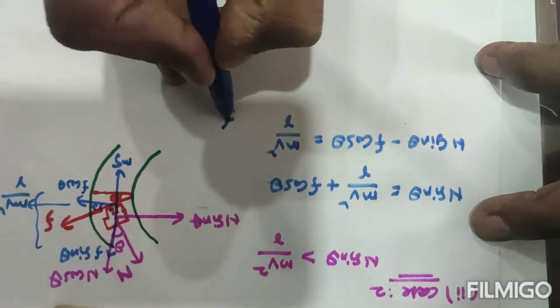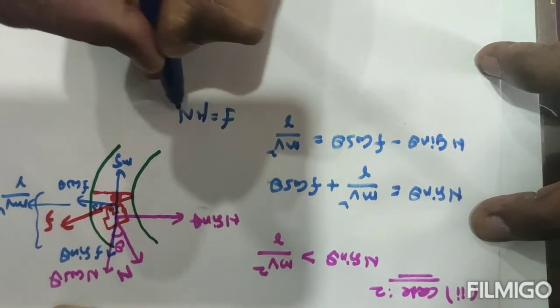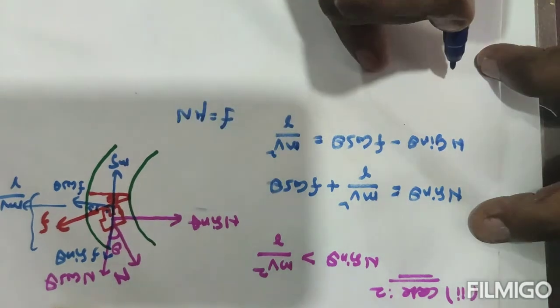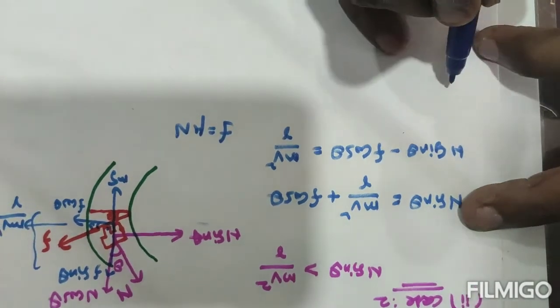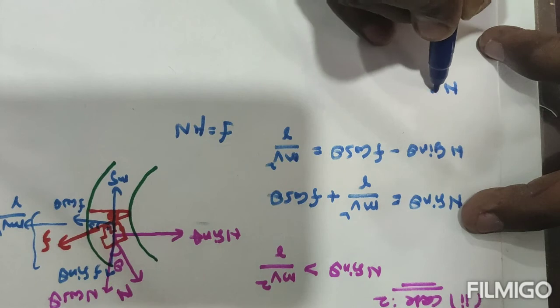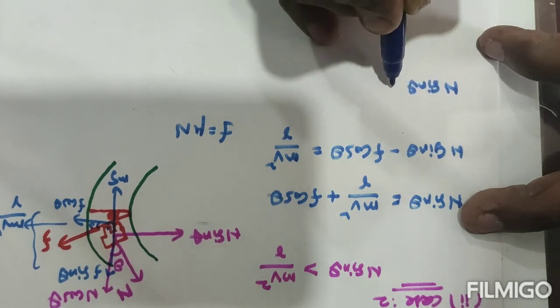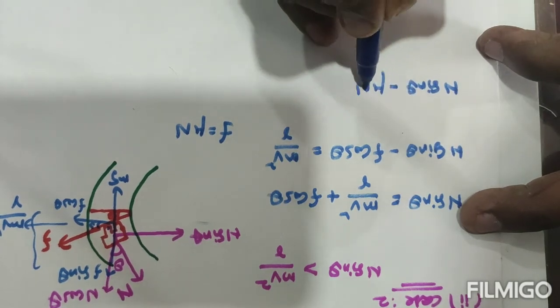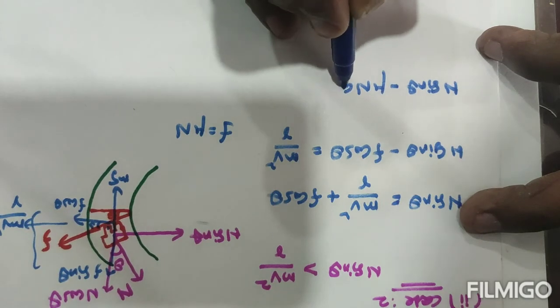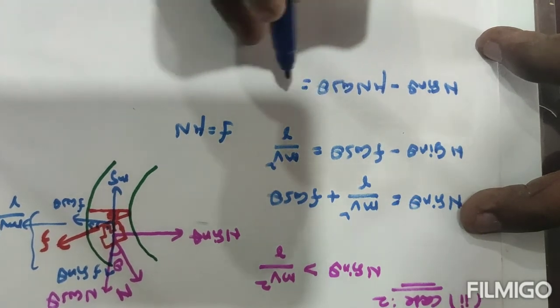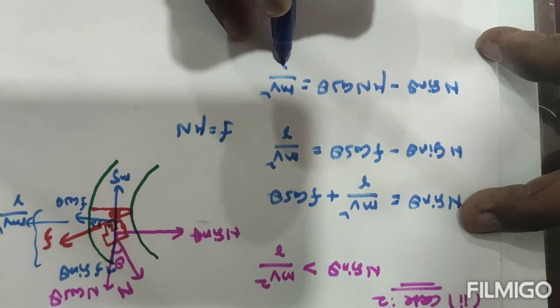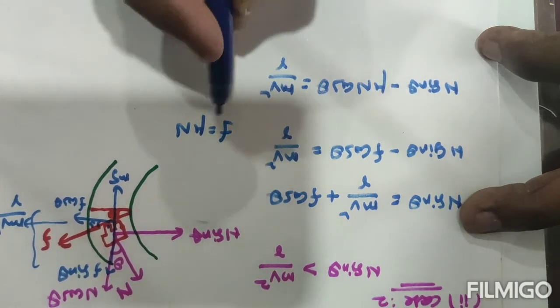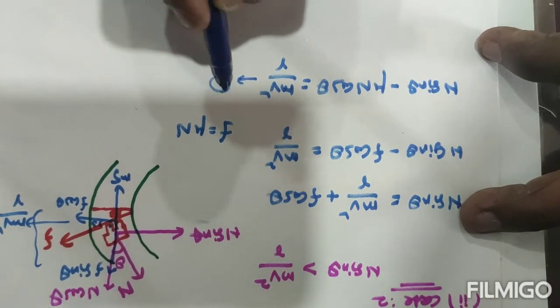So you know already f is equal to mu N, so that value we can apply here. So this equation becomes N sin theta minus mu N cos theta equal to mv squared by r. So this is considered as equation number 1.